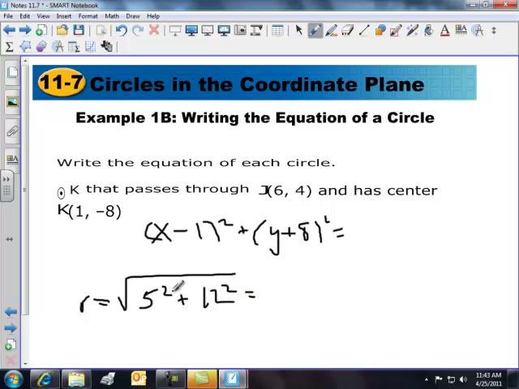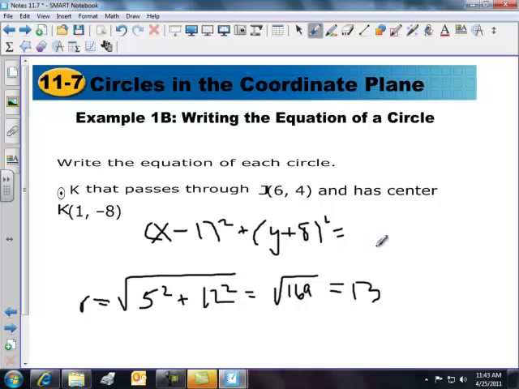I take that sum, 25 plus 144, which would be 169. So the radius itself is the square root of 169, which is 13.